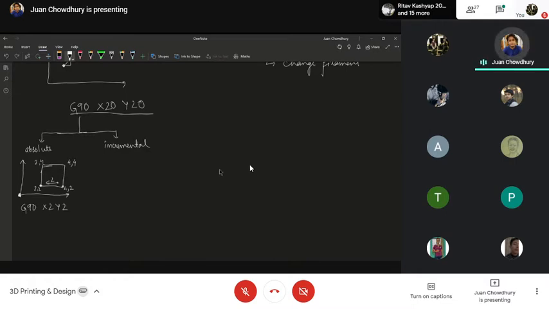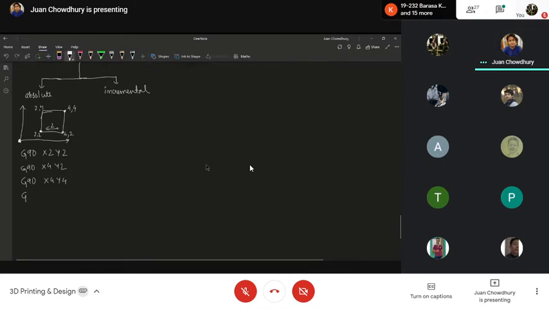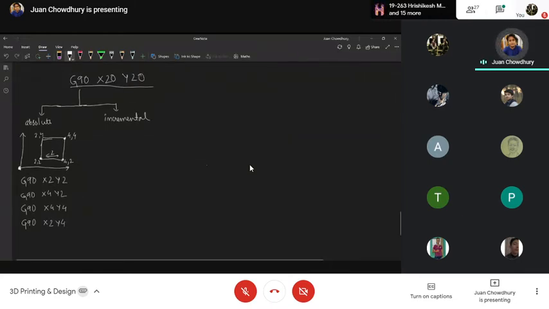Then I want it to move 2 more units, so I mention G90, X4, Y2. Then move to that position: G90, X4, Y4, right? And then G90, X2, Y4.